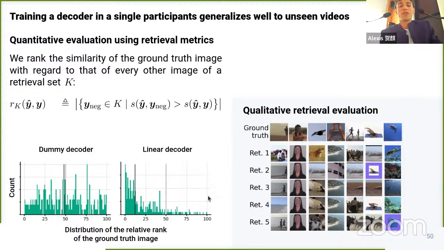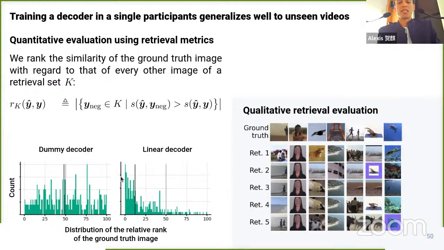Namely, for a given prediction y hat, and the ground truth latent representation associated with it y, we rank the similarity of the ground truth image with regard to y hat, with regard to that of every other image of the retrieval set. Namely, we just count the number of images in the retrieval set that are better than the ground truth.